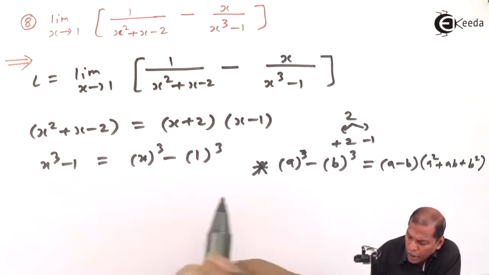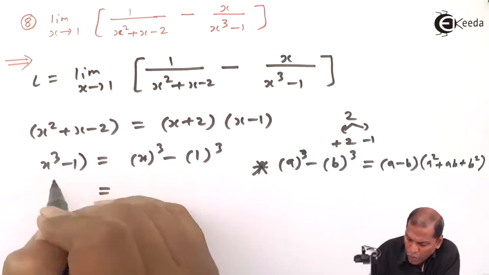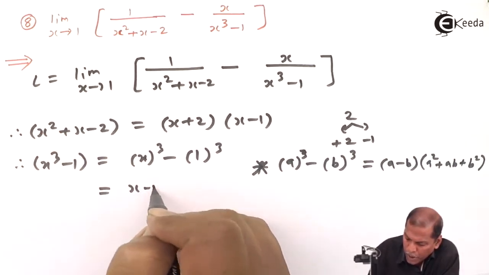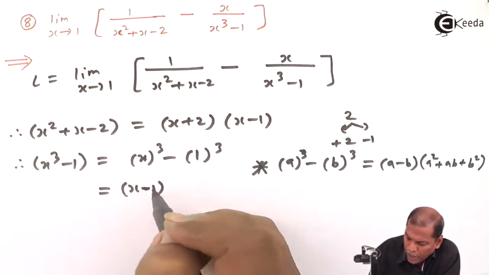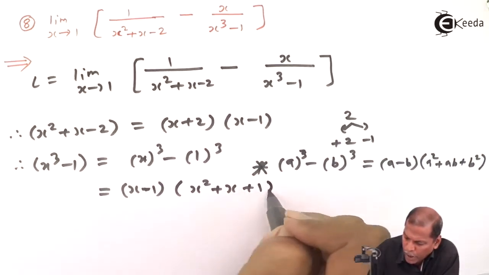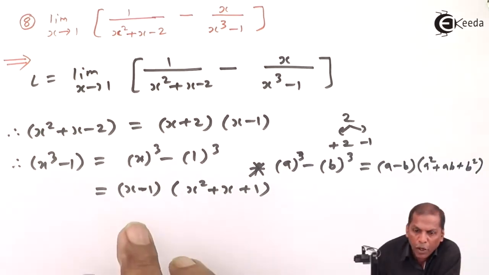In the present case, a means x and b means 1, so we have x minus 1 in one bracket, and the second bracket is x square plus x plus 1. In this way we get the factors of the terms present in the denominator.